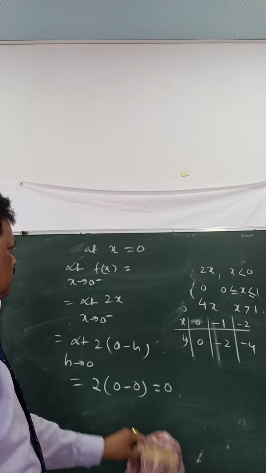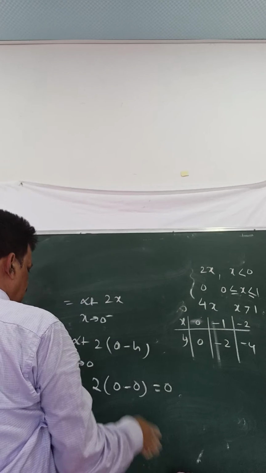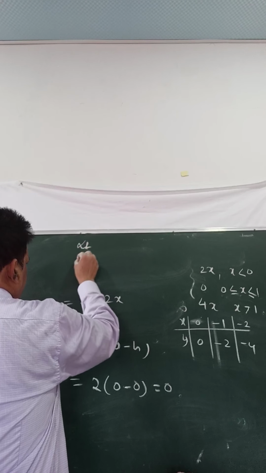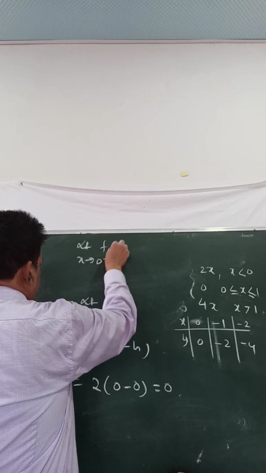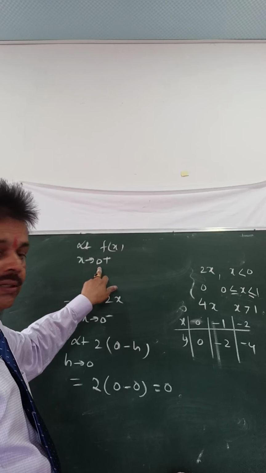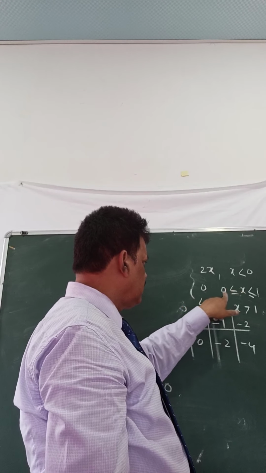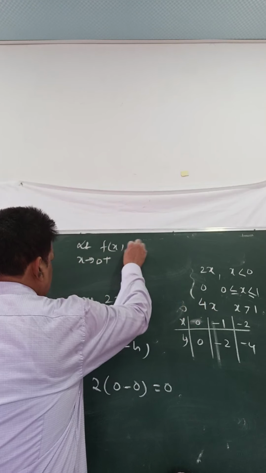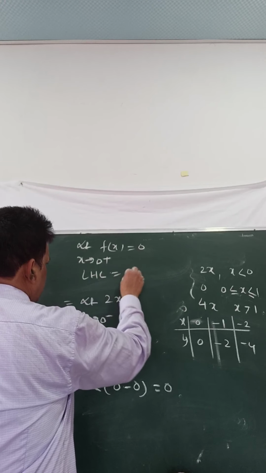Now go to the right hand limit. Limit x tends to 0 plus f(x). 0 plus means what? Greater than 0. So in greater than 0, what is the value? This is 0. So the left hand limit equals the right hand limit.